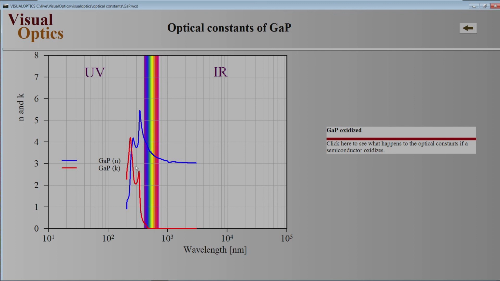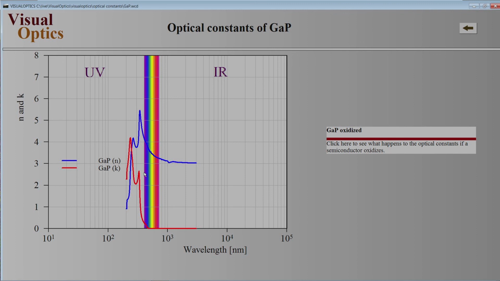So here, if we would like to model this shape of N and K, we would need at least 3 interband transition models to be superimposed to get this behavior of K and also the corresponding behavior of N. Okay, this is very typical for crystalline materials, very sharp structures and many.